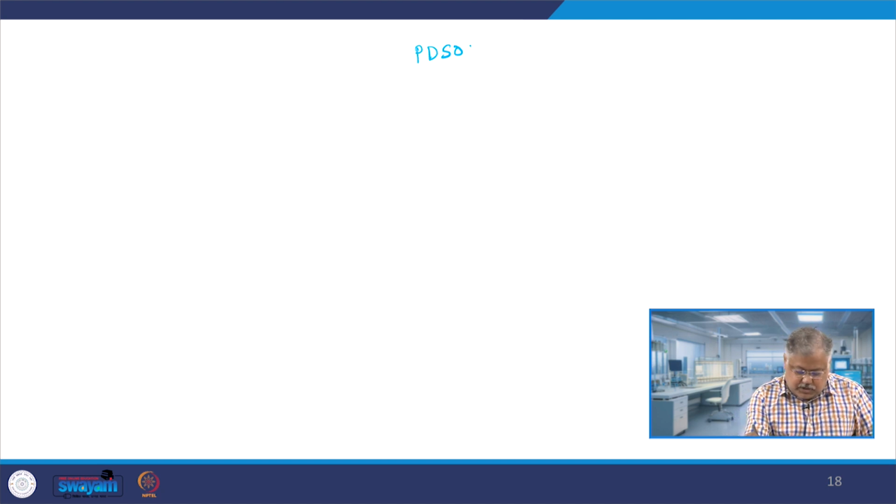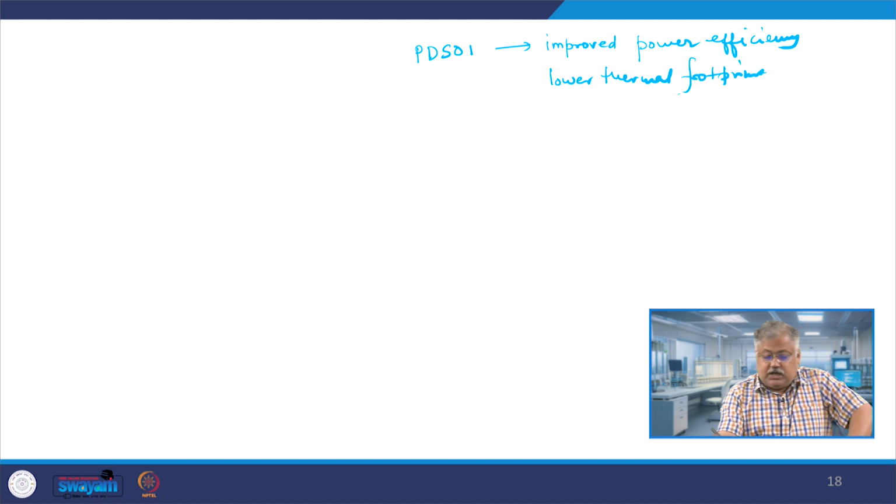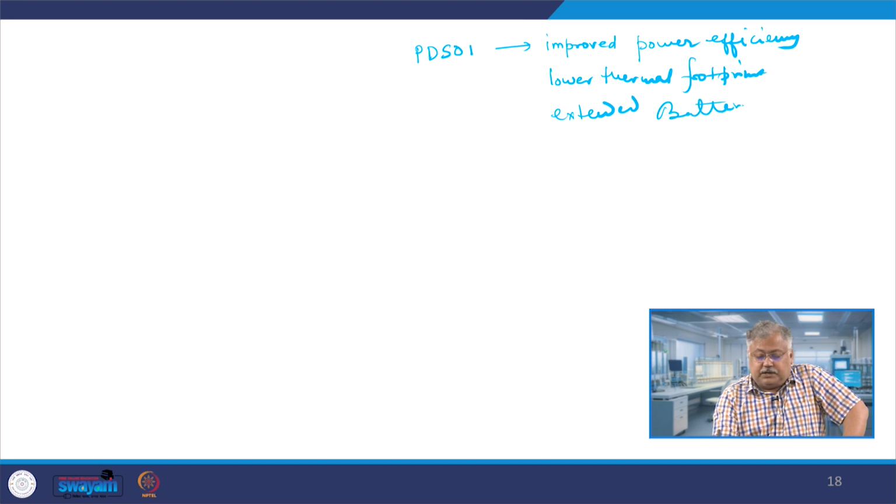PDSOI gives you improved power efficiency, lower thermal footprint, and obviously therefore extended battery life for all portable applications.